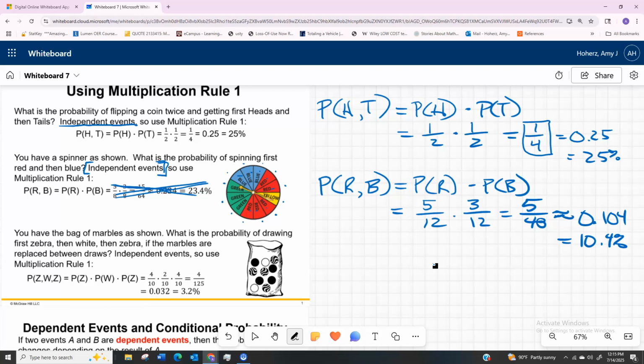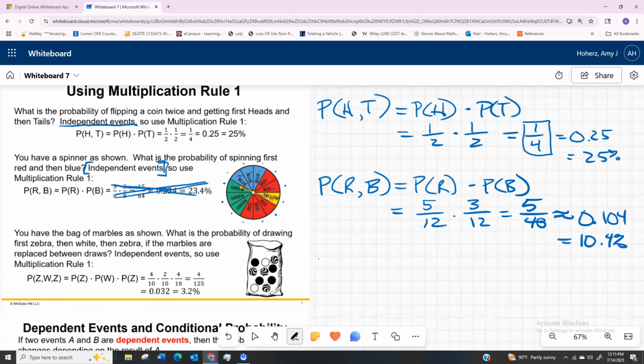And so they are independent events. When we do a first spin and we get a red, that doesn't mean on the next spin that we have any more or any less chance of getting a red the next time. So they're independent events. That's why we can use the multiplication rule number 1, just the probability of a red times the probability of blue, because they're completely independent events.